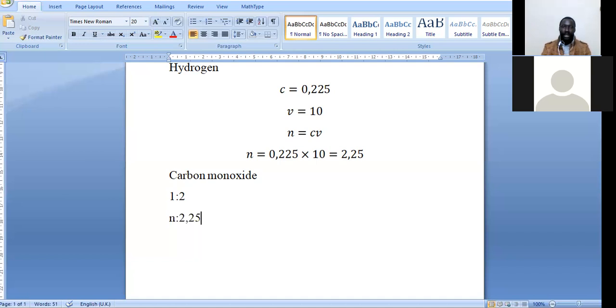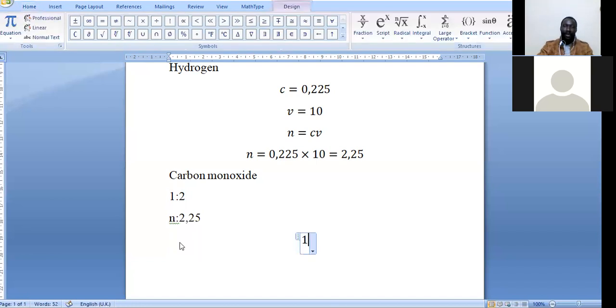Mathematically, this 1 to 2 can be written as 1 divided by 2. Then if we equate it to this other one here, which is n divided by 2.25.